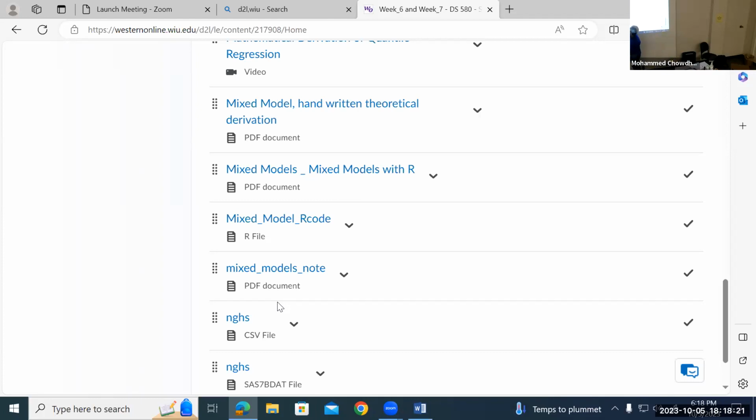This is altogether 24 pages. If you read it, you will understand the things very easily. Clear, right? For the linear mixed effect model, whether you read the other materials that I uploaded or not, please read this one. Mixed model note. Okay?